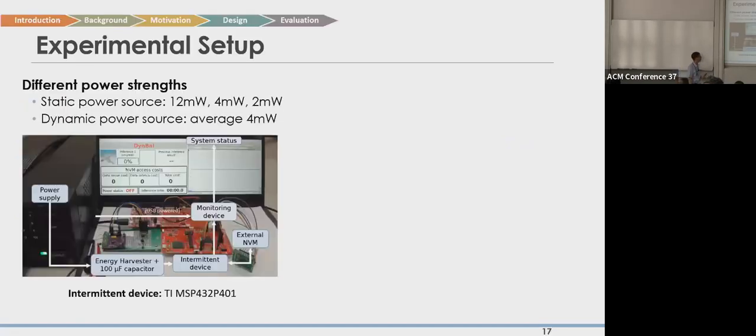So let me introduce my experiments. We use a Texas Instruments microcontroller, the MSP432, as the intermittent system, and we run our experiments on different power conditions. That includes static power conditions and some dynamic power conditions where the power strength changes with time significantly.